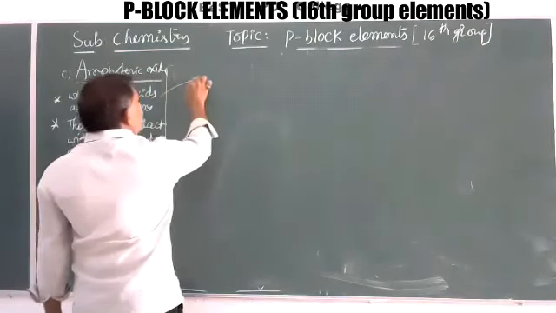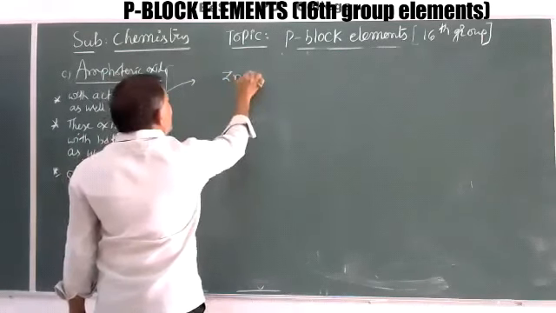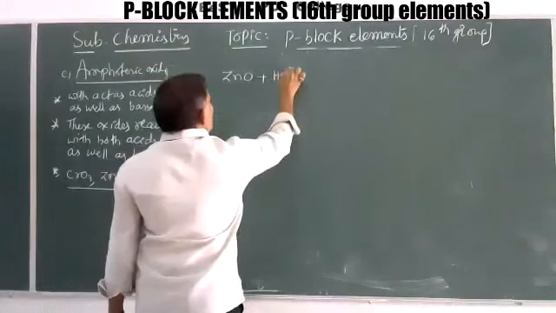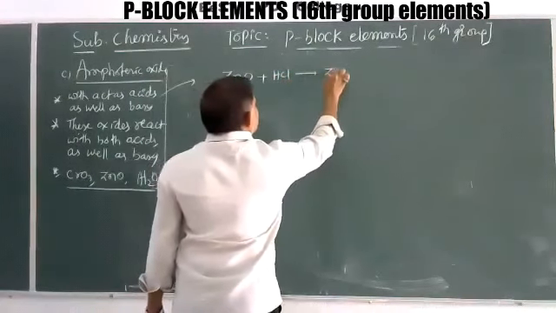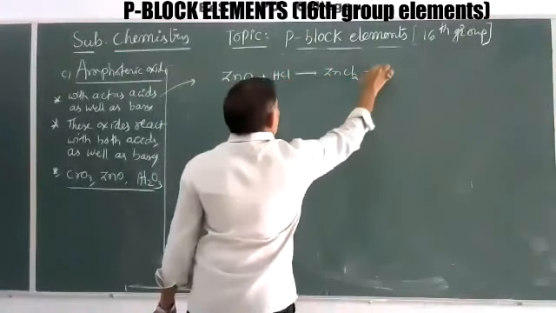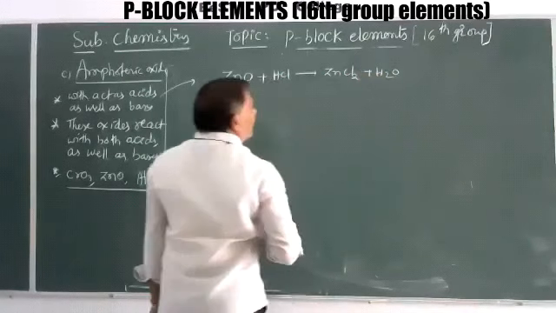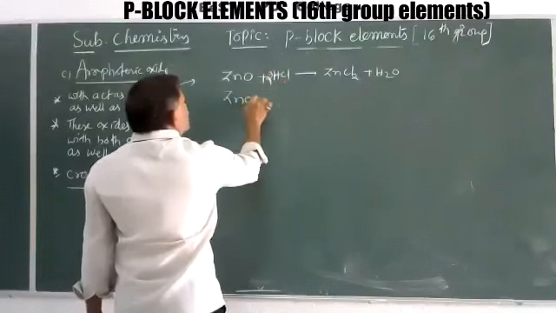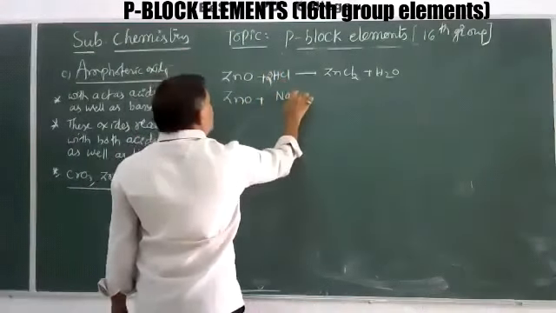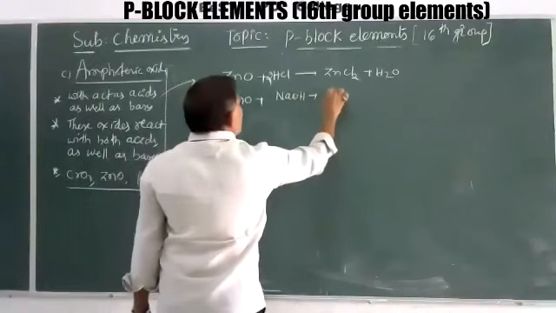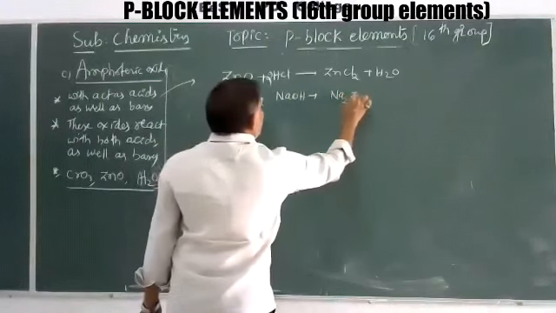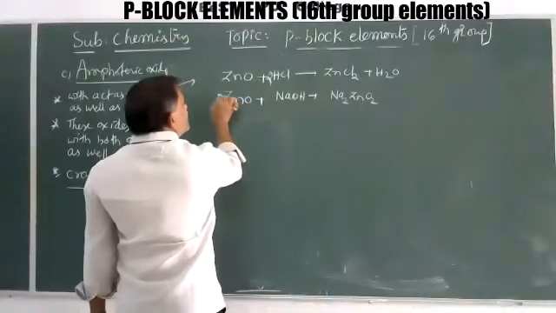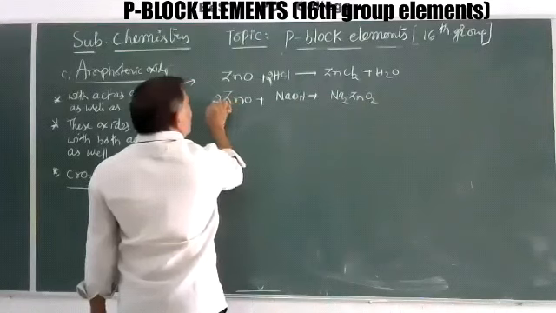Take one example. ZnO is an amphoteric oxide. It reacts with HCl, hydrochloric acid, and gives ZnCl2 plus water, H2O. The same ZnO reacts with the base NaOH and gives Na2ZnO2.